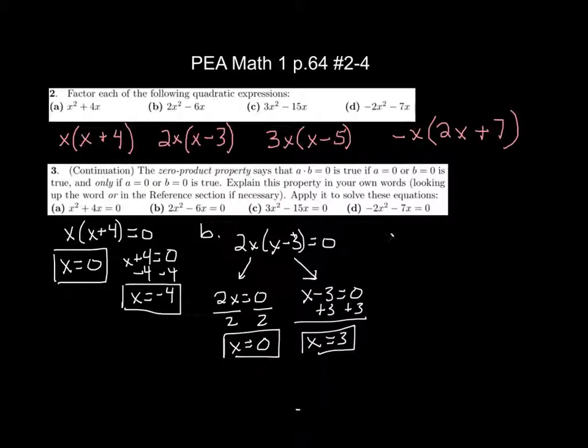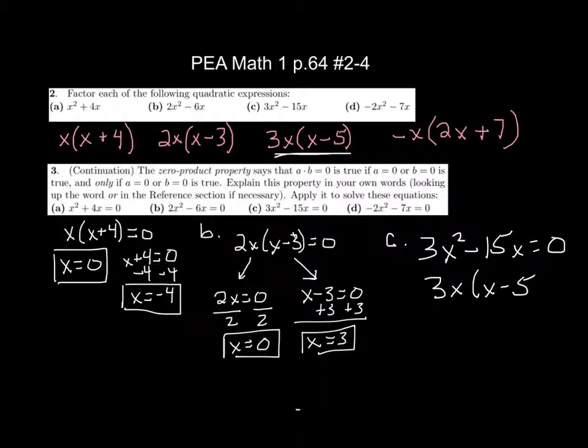C, I already have my factored version right here. 3x squared minus 15x equals 0. Forgot to factor it. I'll write the factored form from above. So I end up with 3x equals 0.